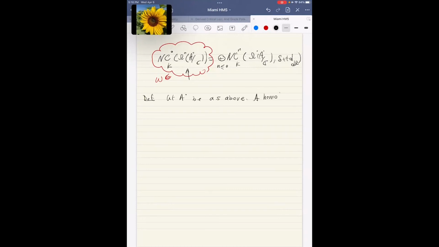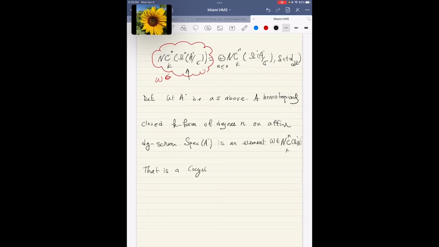A homotopically closed K form, think about 2 form, n form of degree n, on an affine DG scheme given by the spectrum of the commutative differential graded algebra, is an element omega in this complex that I just defined, that is a cocycle with respect to delta plus t d de Rham.